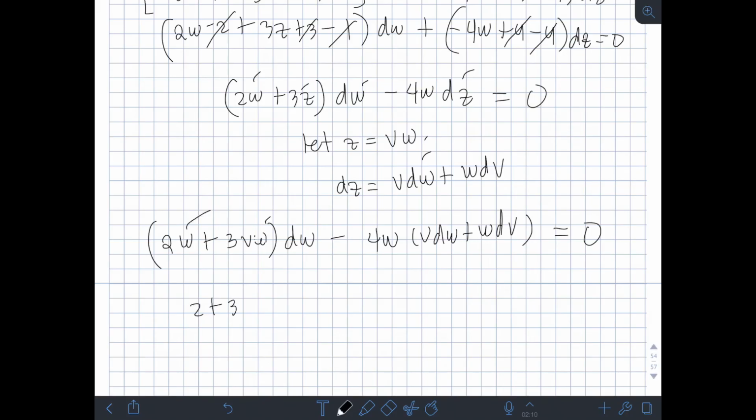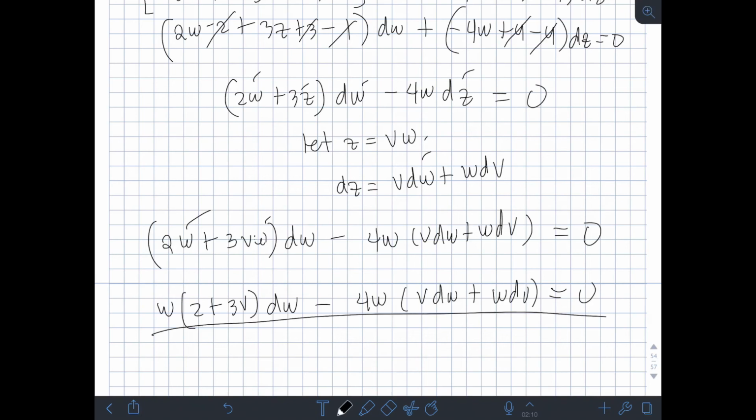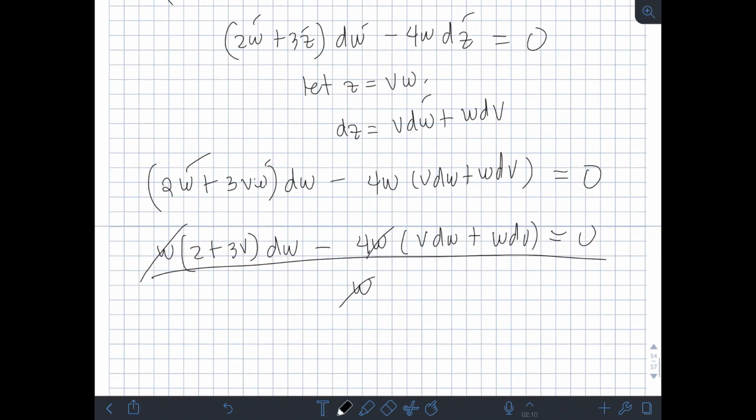So, 2 plus 3v times w dw minus 4w times vdw plus w dv equal 0. So, dividing both sides by w, cancel si w sa left side. So, magiging 2 plus 3v dw minus 4v dw. So, distribute ko na. Minus 4w dv equal 0.